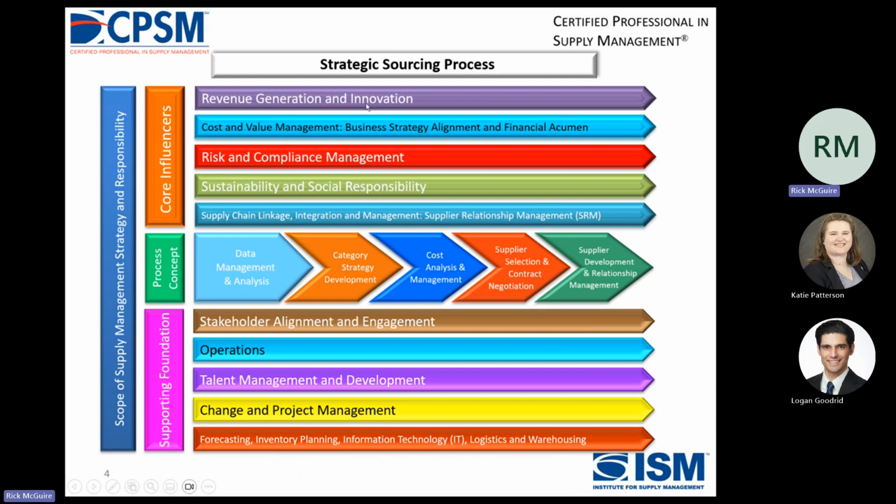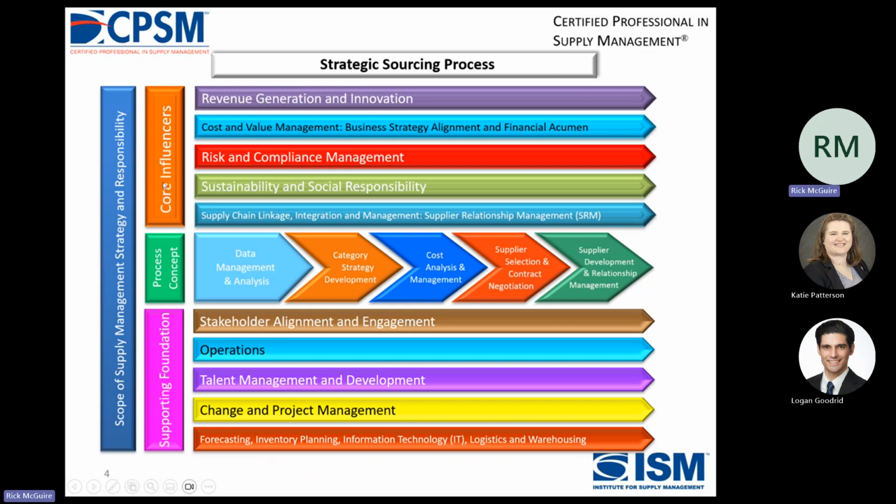So here's ISM's process. It's the scope of supply management and responsibility. This is the process concept here in the middle. Below is the supporting foundation, these 5. All these things help support the strategic sourcing process.